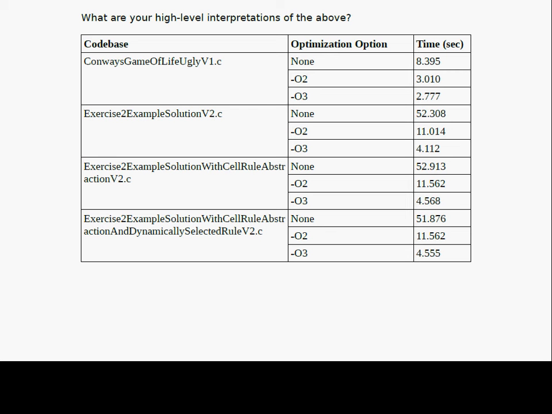Now, I examined some additional alternatives, which I don't know that I asked you to require. I think maybe one, but not the other. So I had one with a cell rule abstraction. What's a cell rule abstraction? That's where this is a refactor where we didn't have flexibility. We just always yield the classic rule of Conway's life.